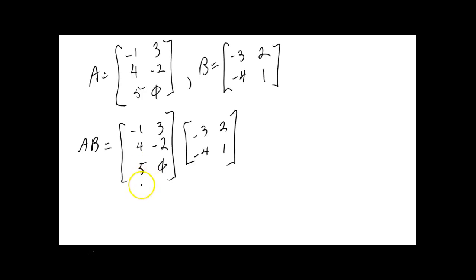What is the size of this first matrix? 3 by 2. What's the size of the second matrix? 2 by 2. Based on that, can we multiply these two matrices? What's required? The inner numbers have to be the same.